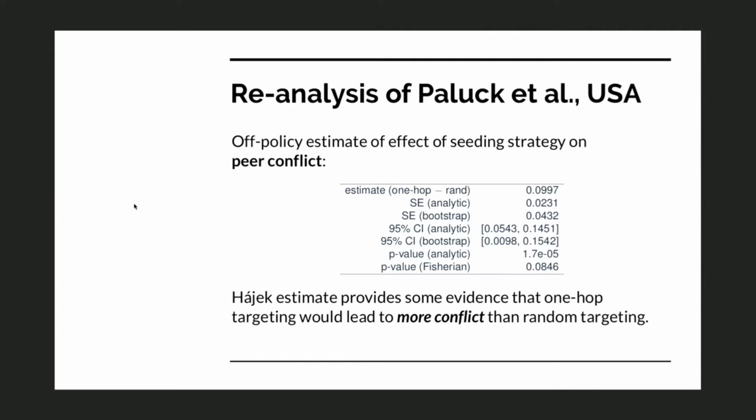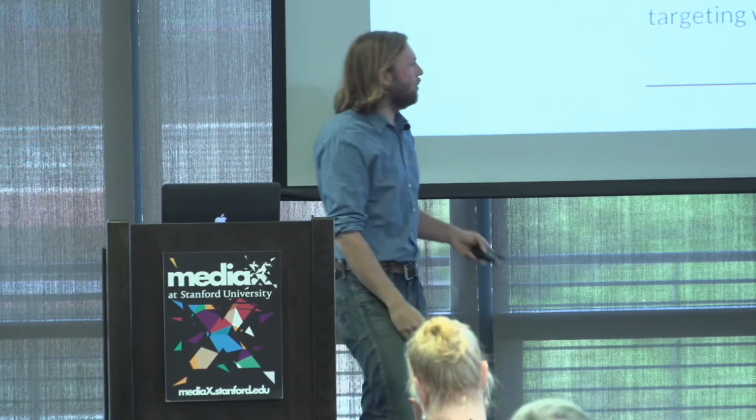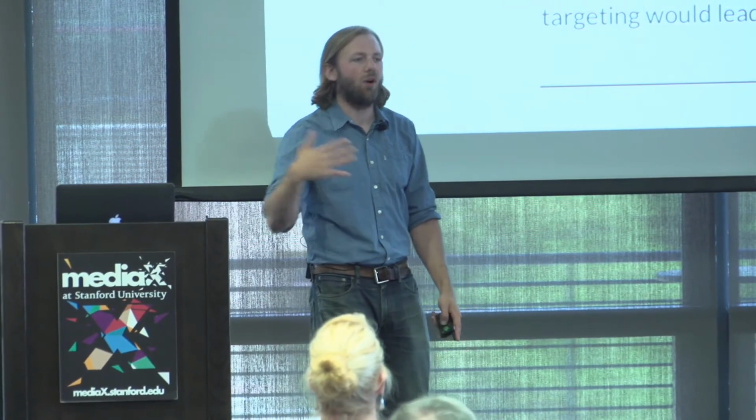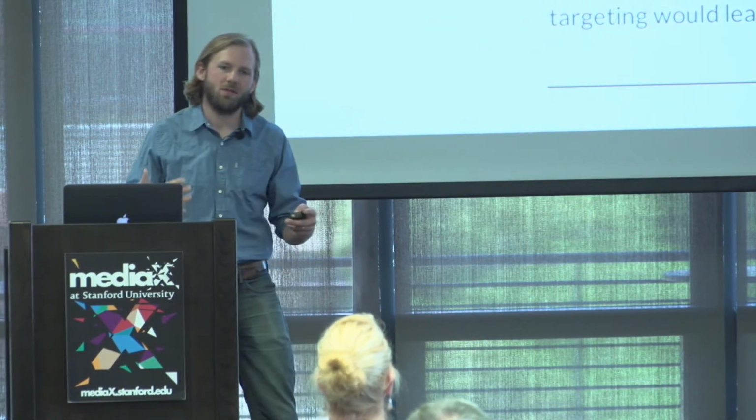We go into these New Jersey schools, and we see that if they had done friendship paradox targeting to seed the anti-bullying intervention with individuals who are very well connected, it would have actually led to more conflict. They got more conflict reduction, according to our estimates, from random targeting than they would have from friendship paradox targeting.